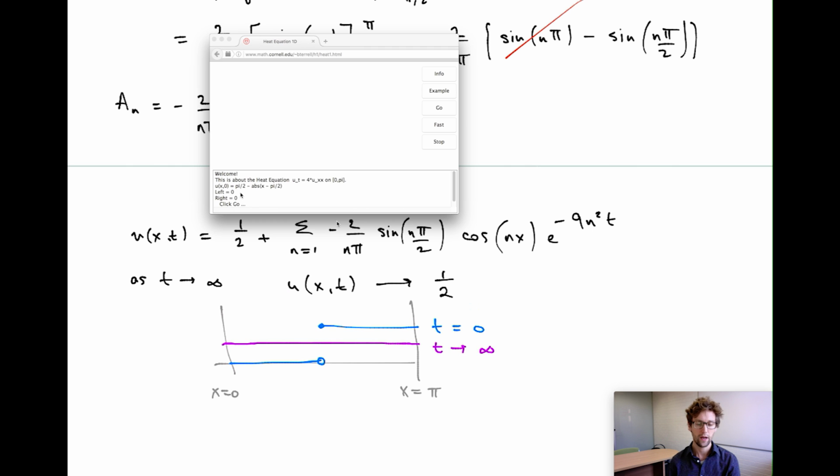So we have a slope of 0 at those 2 points. Those are called the insulated endpoints or adiabatic boundary condition, or it's also called the Neumann boundary condition, which is what it's called in this app here. So we use the term Neumann boundary condition, Neumann on the left and Neumann on the right.